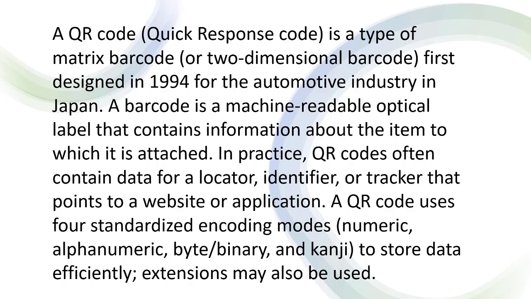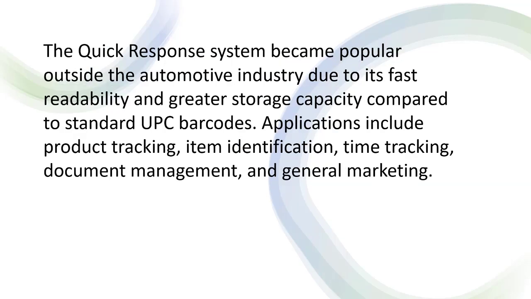In practice, QR codes often contain data for a locator, identifier, or tracker that points to a website or an application. A QR code uses four standardized encoding modes: numeric, alphanumeric, byte and binary, and kanji, to store data efficiently. Extensions may also be used.